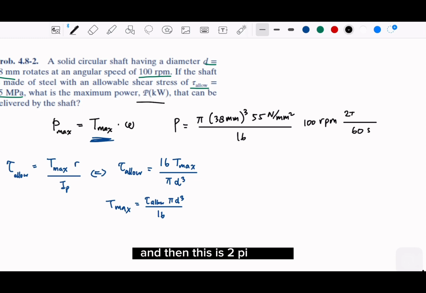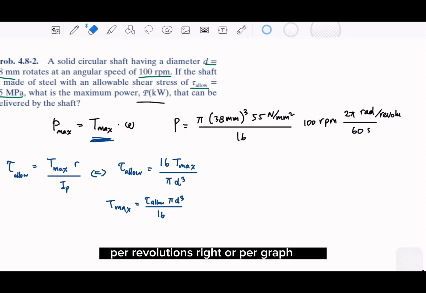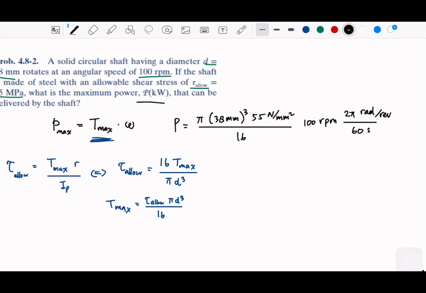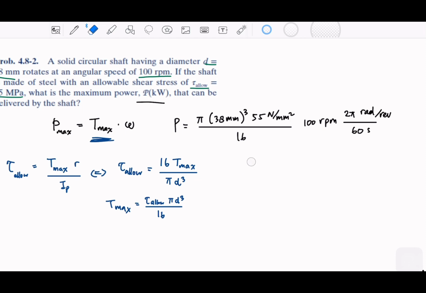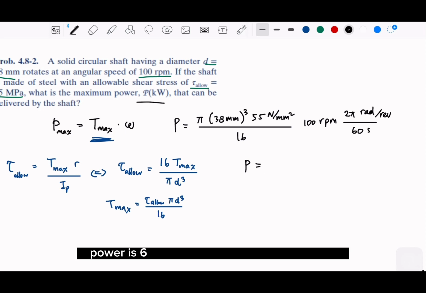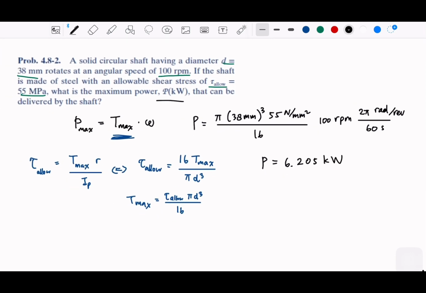And then this is 2 pi radian per revolution. And then just calculate all these numbers, and then we get the power. Power is 6 point something kilowatt. So it's also pretty much a direct question.